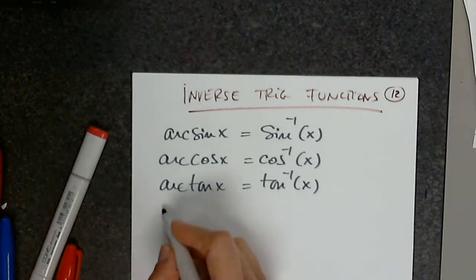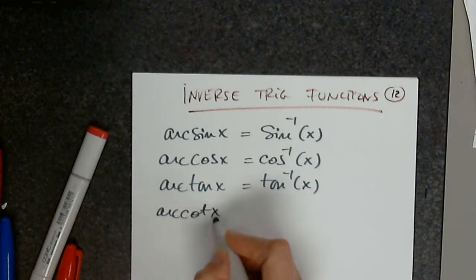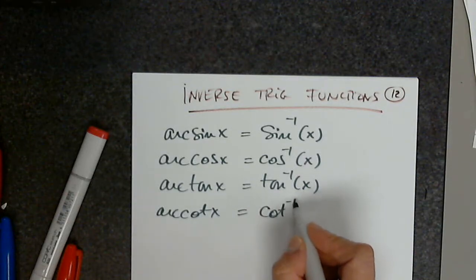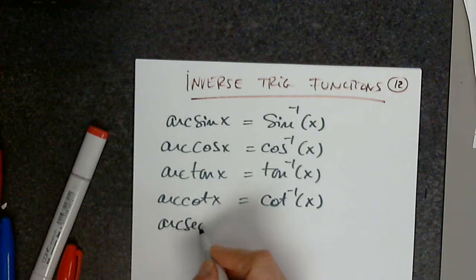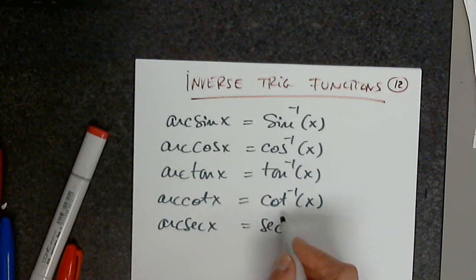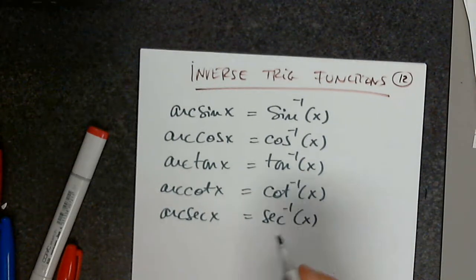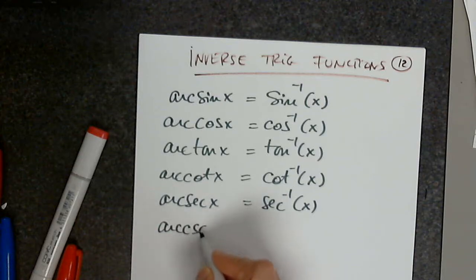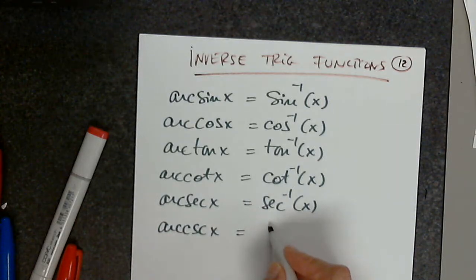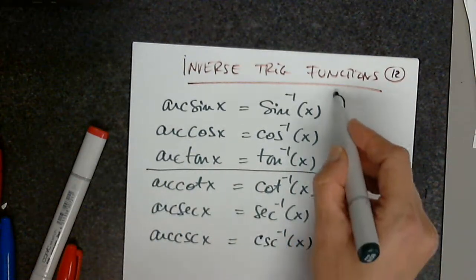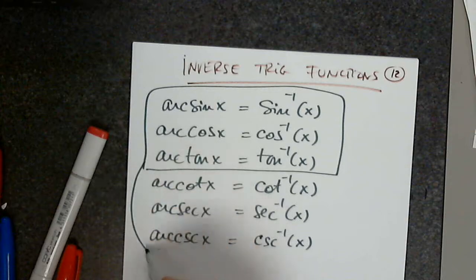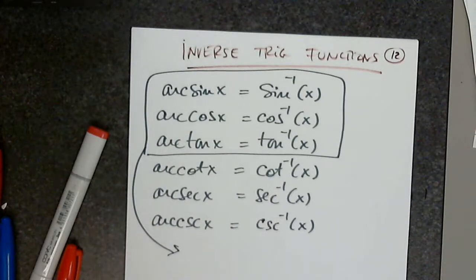Arc cotangent as cotangent inverse. Arc secant as secant inverse x, and arc cosecant as cosecant inverse x. I'm only interested in these 3 and their derivatives.